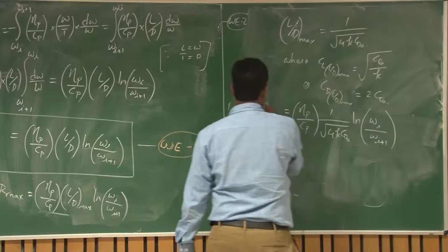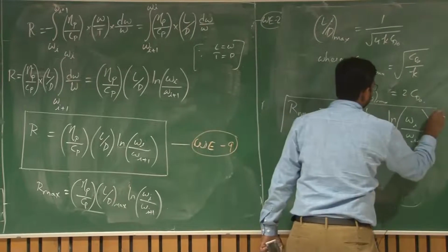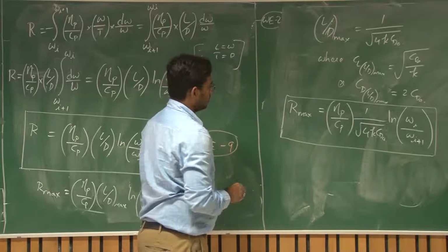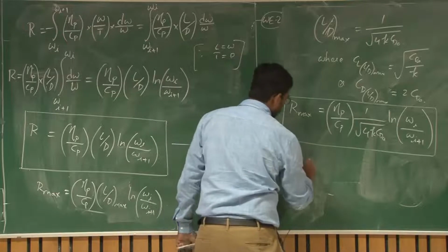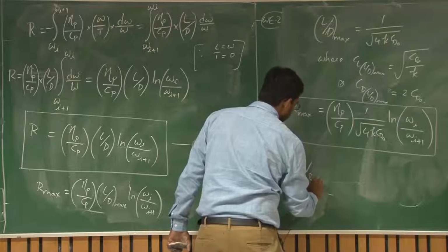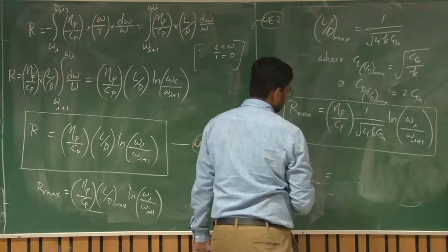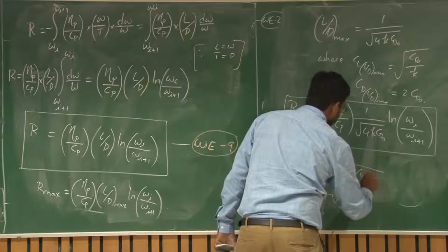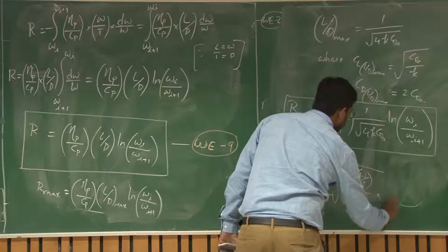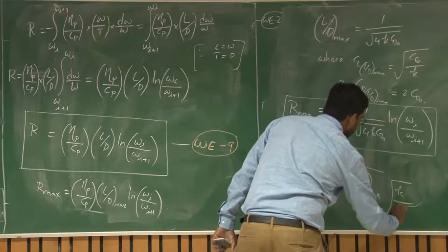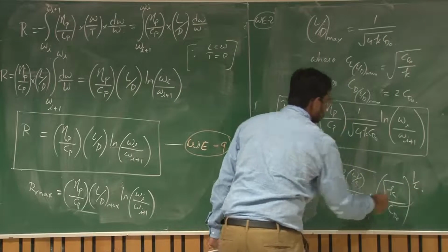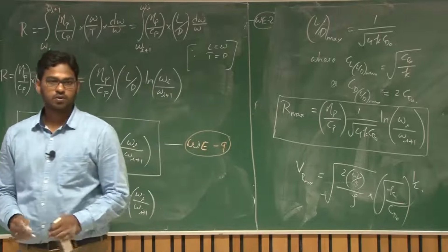This is the maximum range that you can obtain for a given fuel load. The corresponding velocity for R max will be root over twice the wing loading by rho into root over k by CD naught to the power of 1 by 2, or the 4th root of CD naught by k.